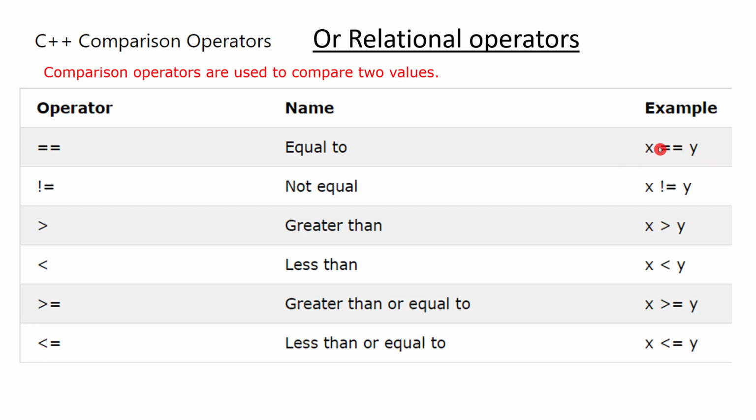It is basically comparing whether the value of x is equal to y. X not equal to y states that the value of x is not equal to y. Similarly we compare whether x is greater than y, whether x is less than y, whether x is greater than or equal to y, and whether x is less than or equal to y. So every symbol has its own meaning.